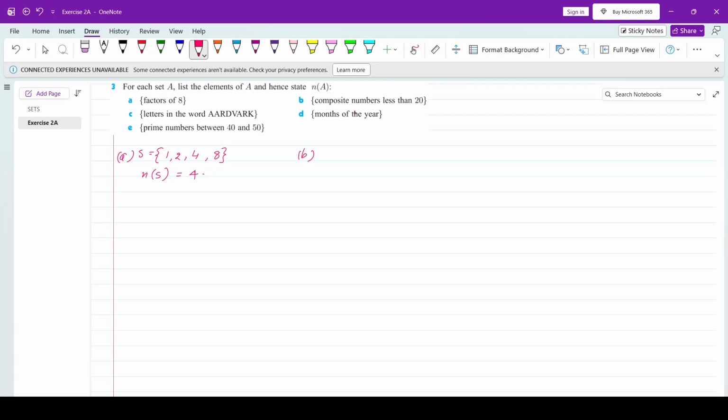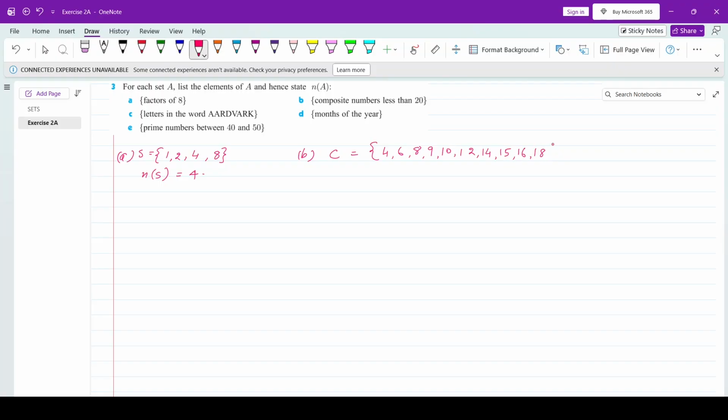Part B, composite numbers less than 20. So what are the composite numbers? Let's say the name of the set is C for composite numbers and its elements are 4, 6, 8, 9, 10, 12, 14, 15, 16, 18.